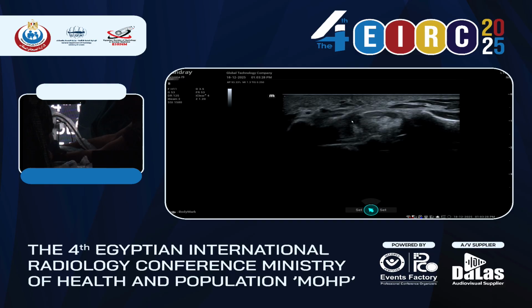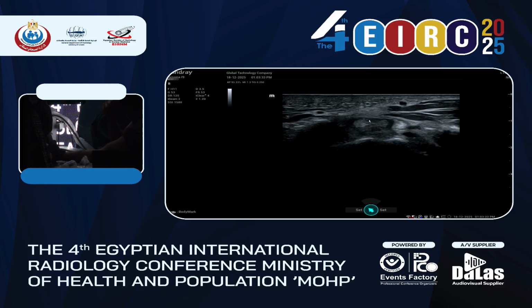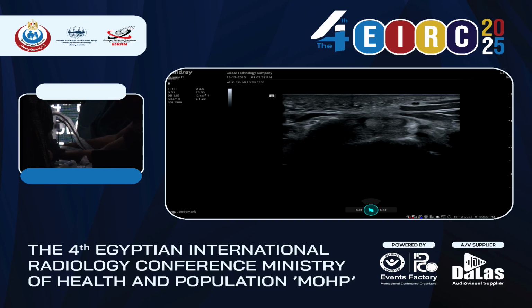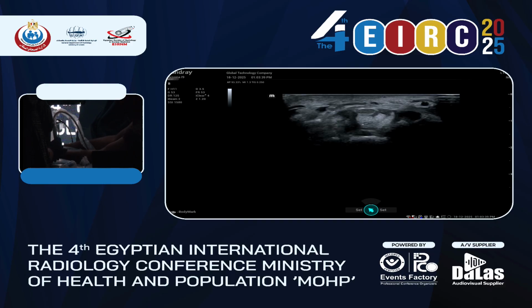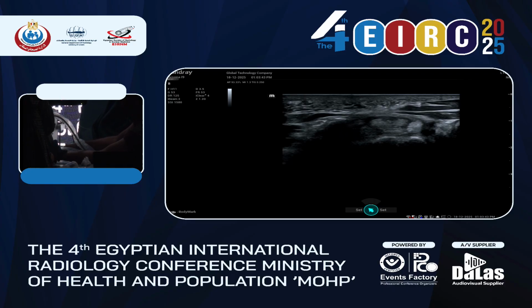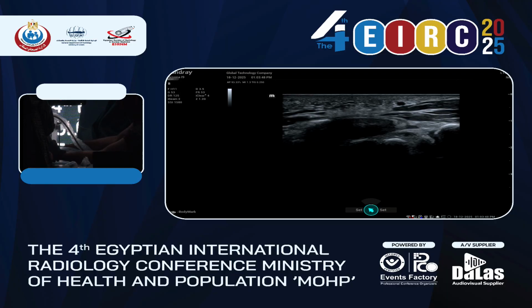So when we move more distally for our nerve, we see that the nerve gradually becomes more flat as we reach the exit of the tunnel. So here we have the entrance of the tunnel, and here, as we move, we reach the exit of the tunnel. And then here we have the exit of the tunnel with the hook of the hamate and the trapezium.